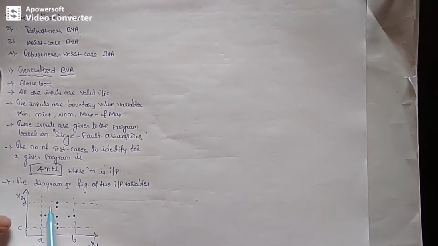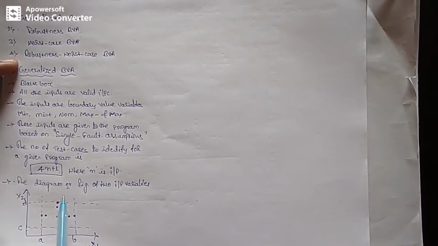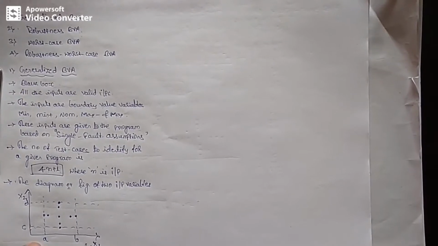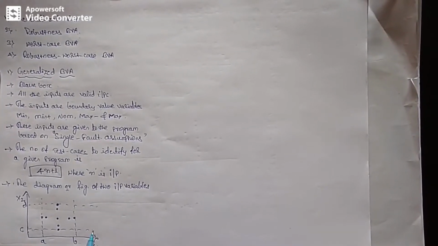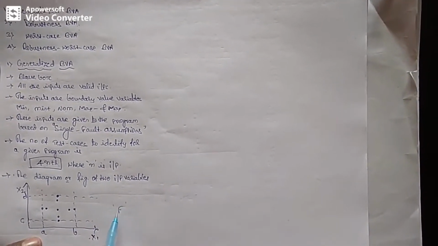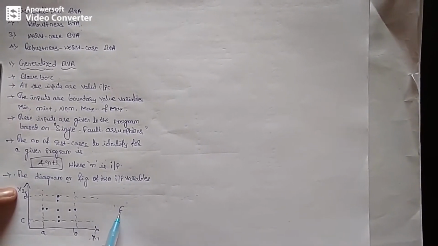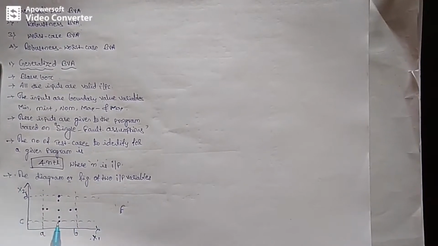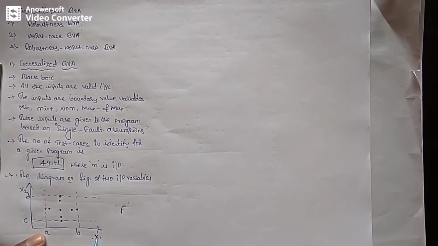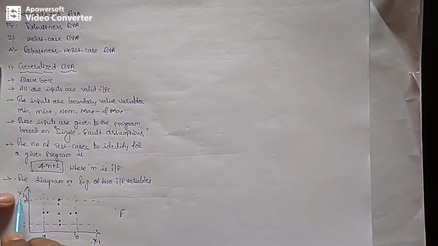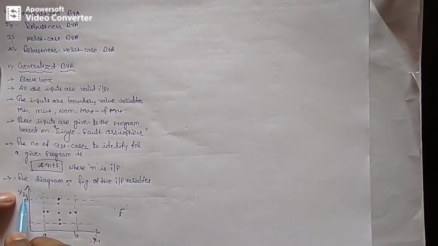Okay, this is the diagram of how the generalized boundary value variables exist. Let us consider here that program f is a function, where f acts as a program. Here x1 and x2 are the 2 inputs for this program implemented as f. Here a to b is the lower limit and upper limit of the x1 variable, and c to d is the lower limit and upper limit of x2.